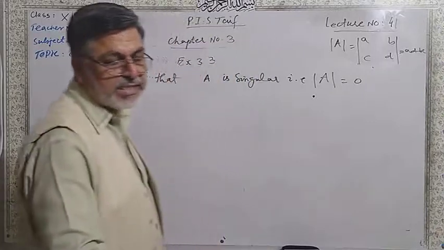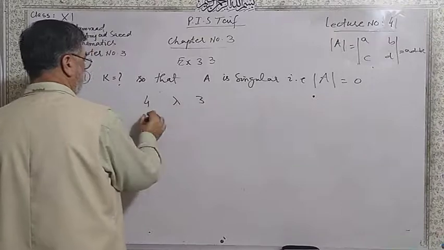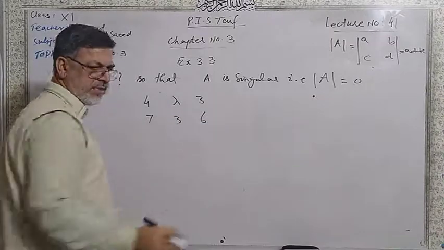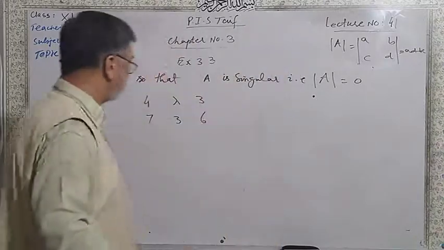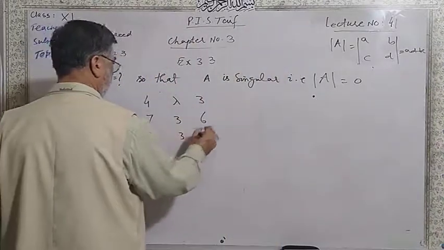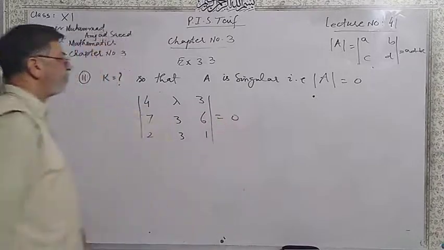The matrix is 4 lambda 3, 7 3 6, and 2 3 1, and its determinant is equal to 0.